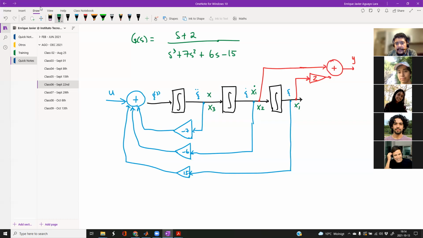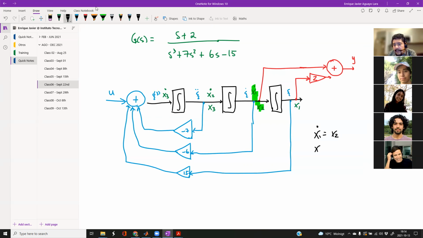This one will be the derivative of x2, and this one will be the derivative of x3. Okay. And of course, I can write these equations in here, where I'd say that the derivative of x1 is equal to x2. This one is right here, this equation.